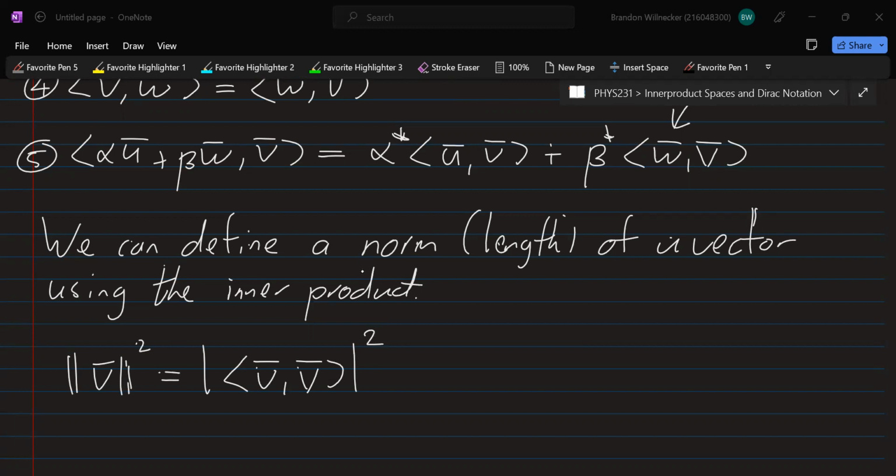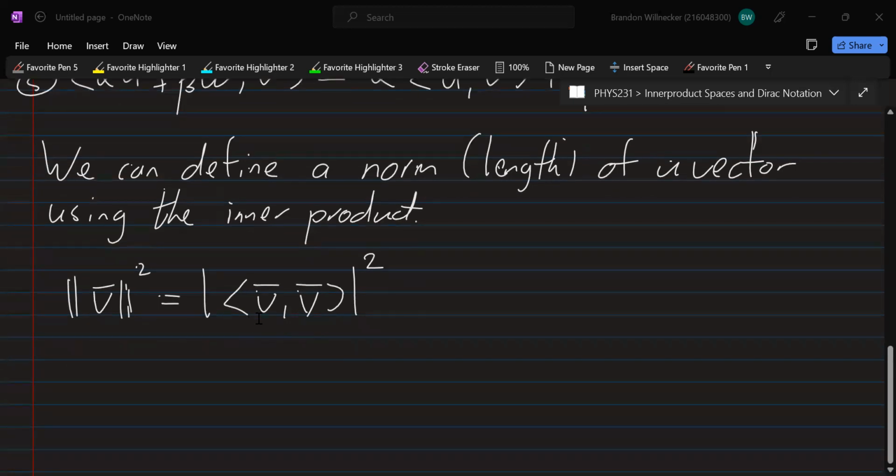We will see this appear later on when we look at Hilbert spaces and quantum mechanics. This will play a big role in finding the probabilities of certain events happening. We will use the inner product to define this norm, and then we will use the norm to define certain probabilities. Once we have this norm, our vector space becomes what is called a normed vector space, but we don't have to worry too much about that.